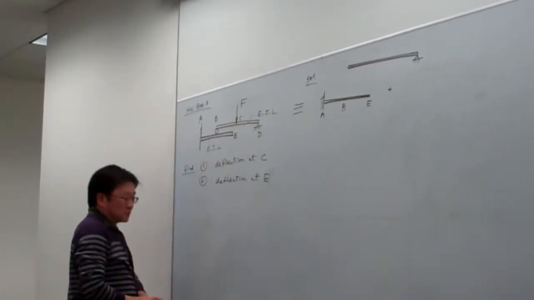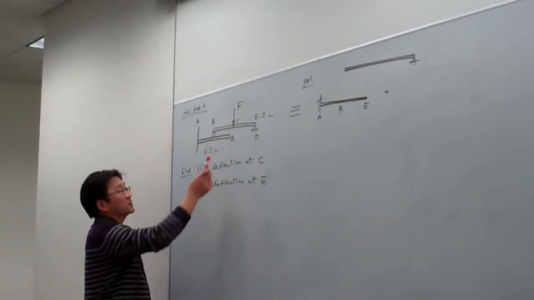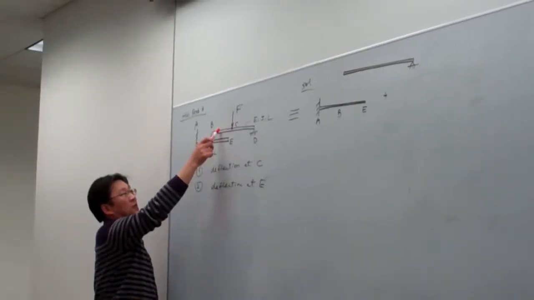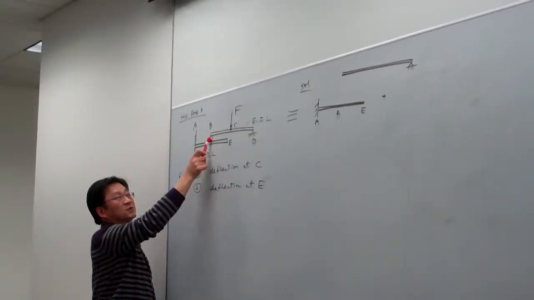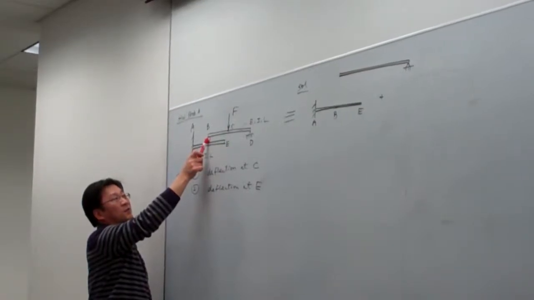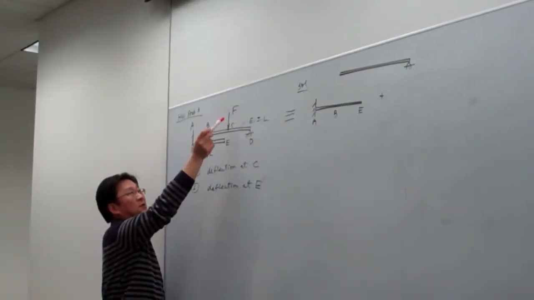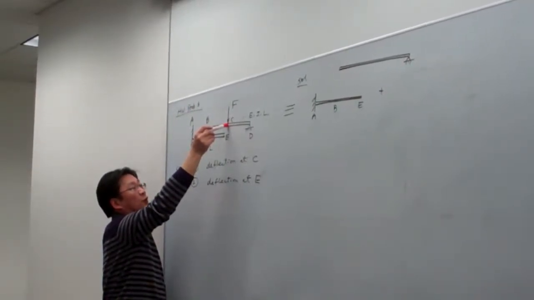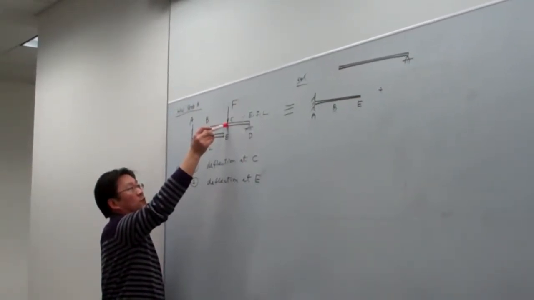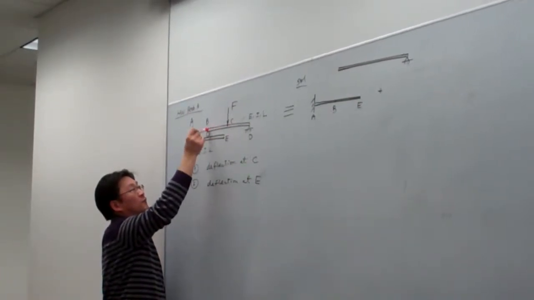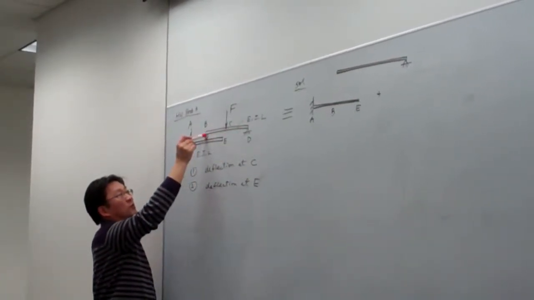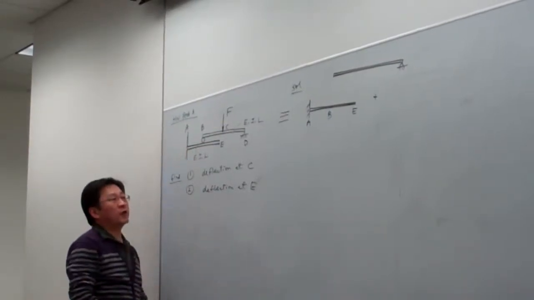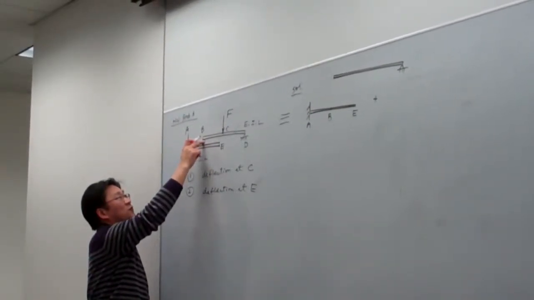For this case, the tricky part is this. The two systems are coupled through this support. So that means, from here you can see the thinking is this. Once we have loading applied to C, the loading will transfer through the elastic object to point B. So you expect at point B an action and reaction.